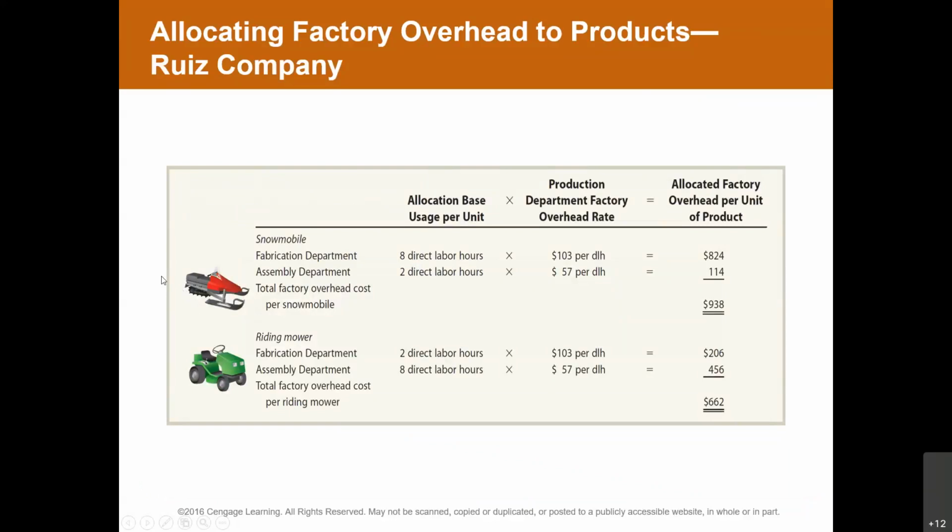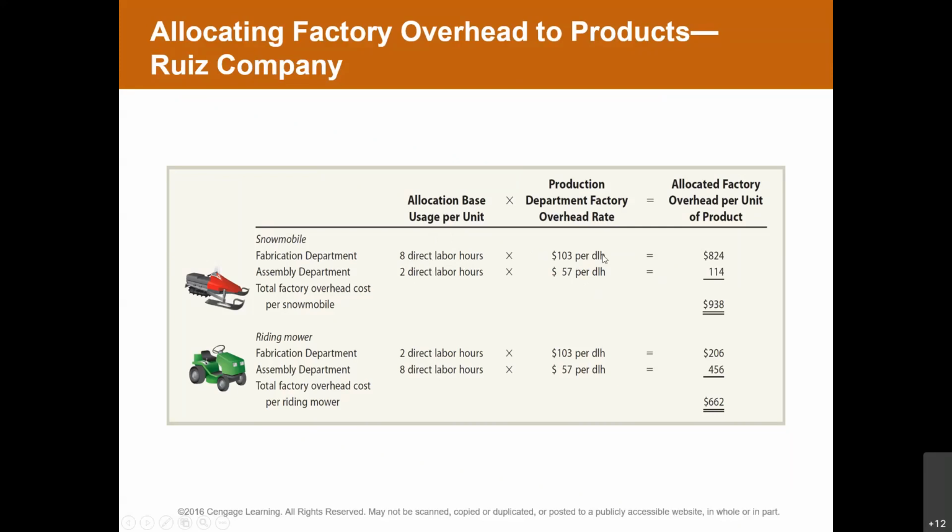So looking at this chart here, let's take a look at each one. For the snowmobile, they take 8 hours for the fabrication department and 2 hours for assembly. Based off of the calculations that we've done already for each department, it's $103 per direct labor hour in fabrication and $57 per direct labor hour in assembly.